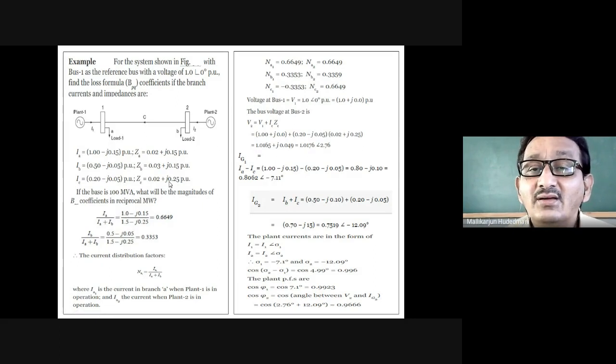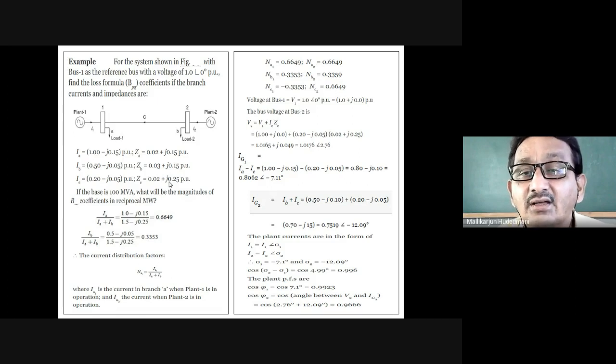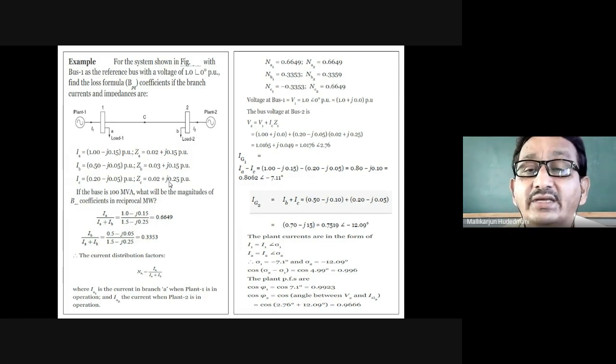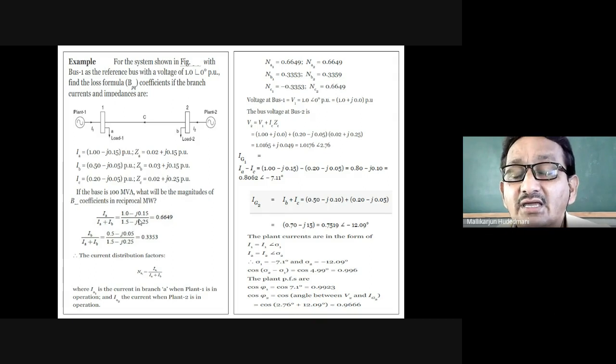What am I doing? The load flowing from the ZA section to the total I calculated here, and the load flowing out of the ZB section to the total I calculated here. That stands as IB by IA plus IB, and the other one was IA divided by IA plus IB. So now the current distribution factors are like NK.